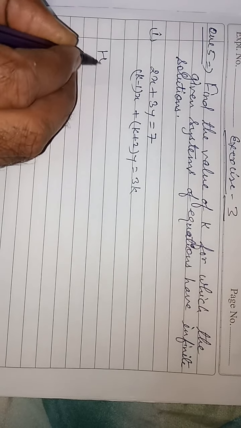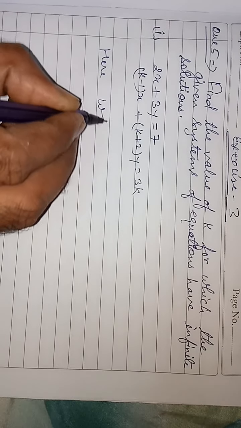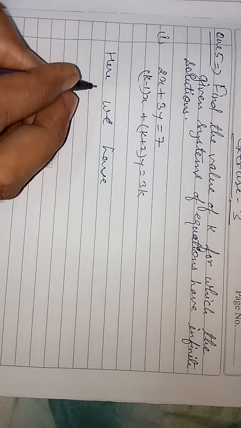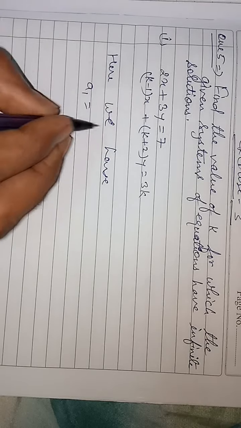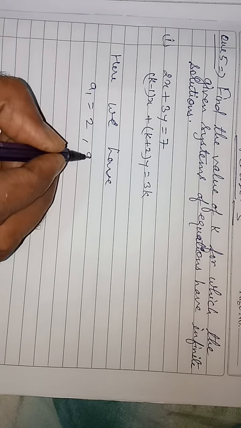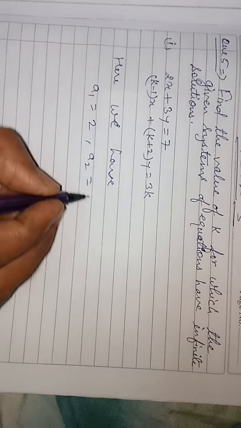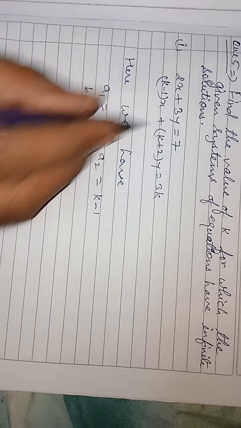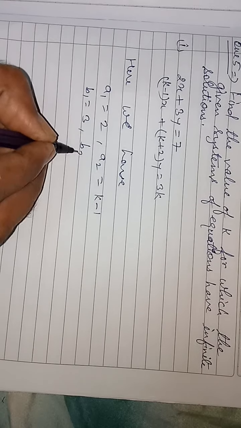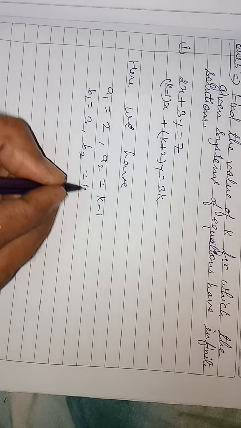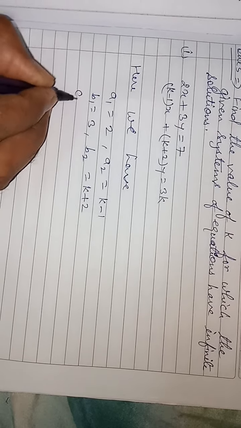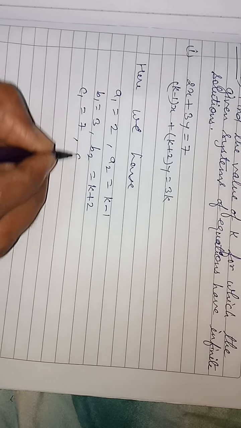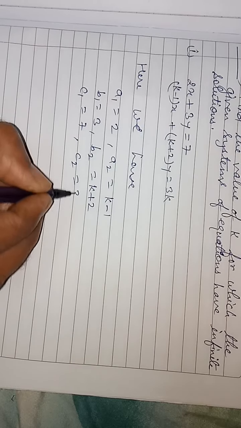So here we have a1 is equal to 2, a2 is equal to k minus 1, b1 equal to 3, b2 equal to k plus 2, c1 equal to 7, c2 is equal to 3k.